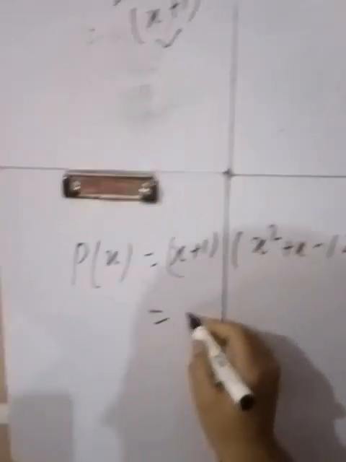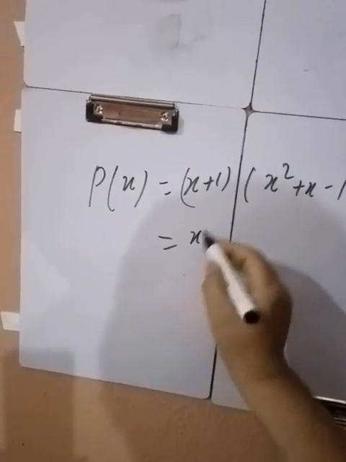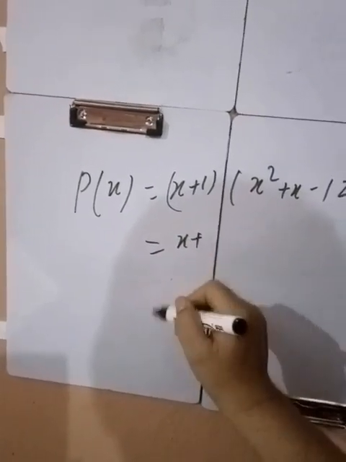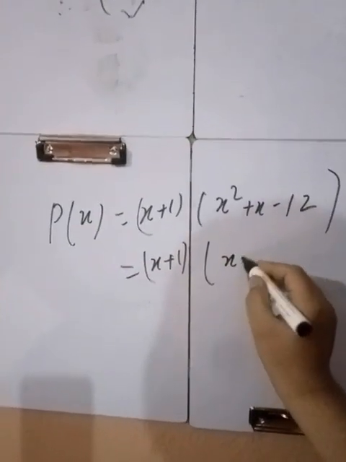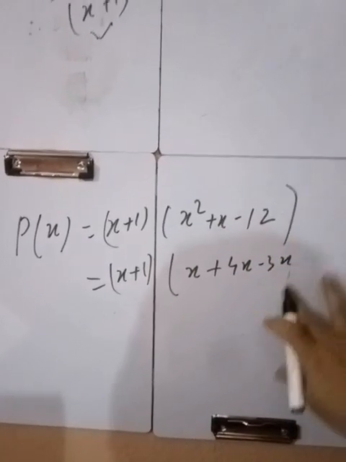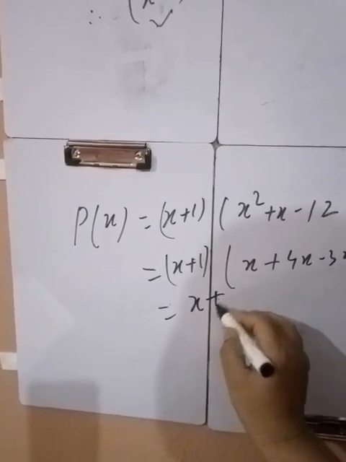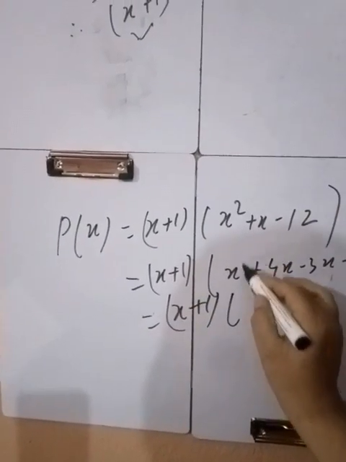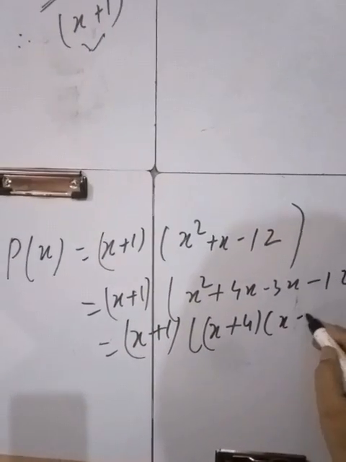So in this situation we will go for the middle term splitting method. So this will be x square plus 4x minus 3x and this will be minus 12. So if you factorize this, this will be x plus 1 into x plus 4 into x minus 3.